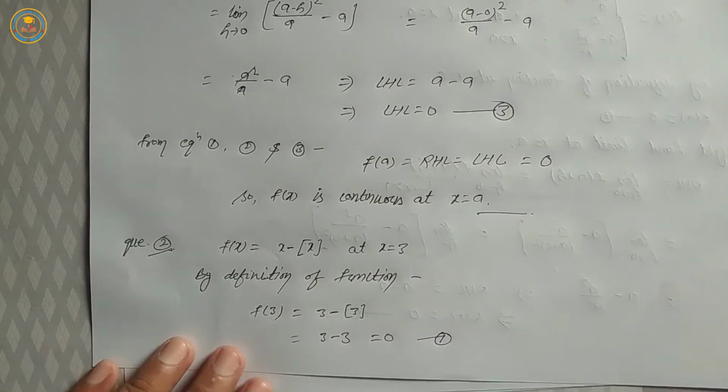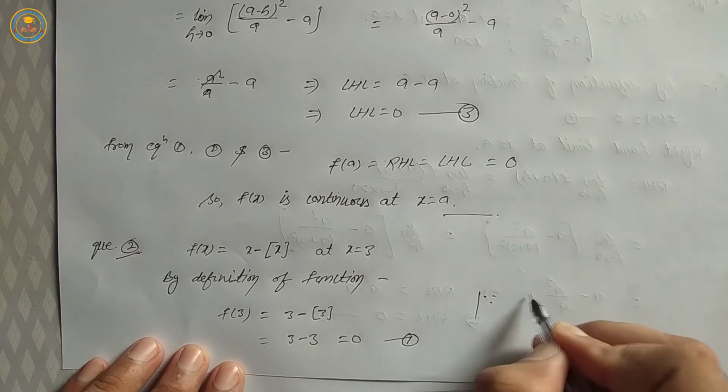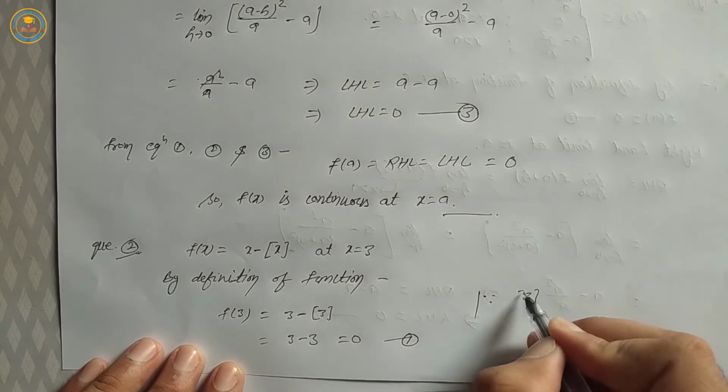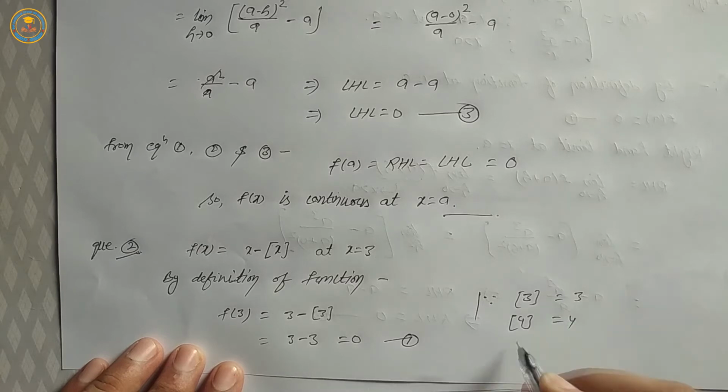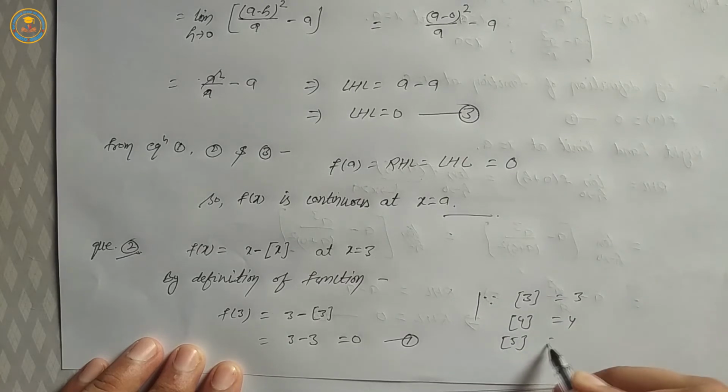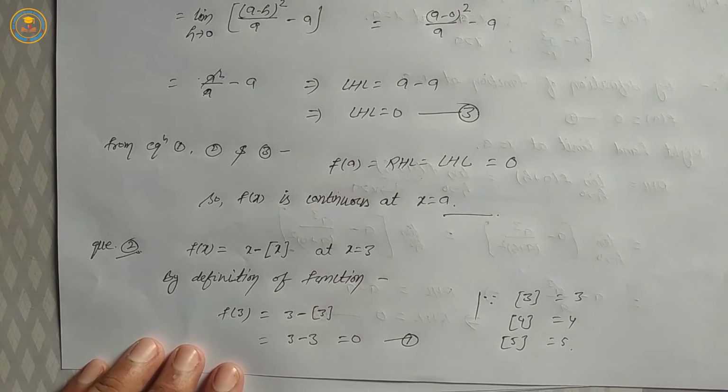Equation first. Because maximum integer 3 is equal to 3, maximum integer 4 is equal to 4, maximum integer 5 is equal to 5.